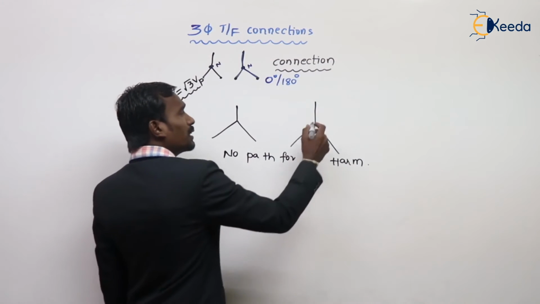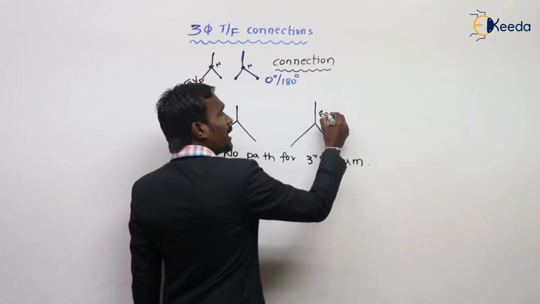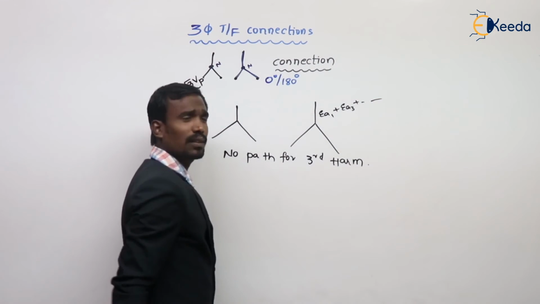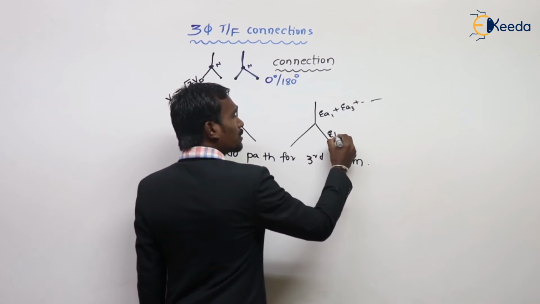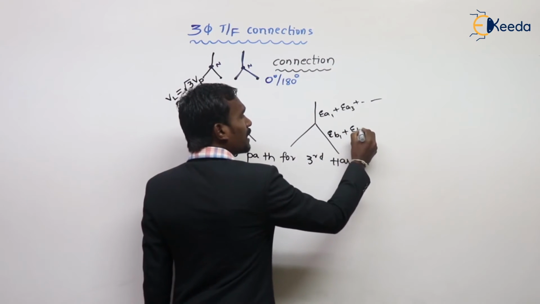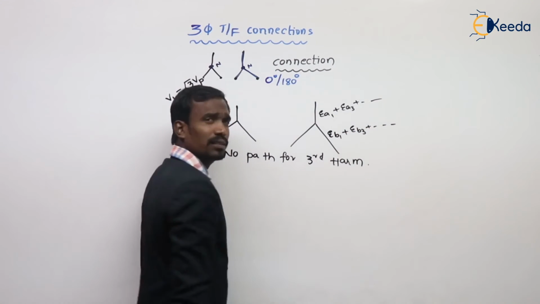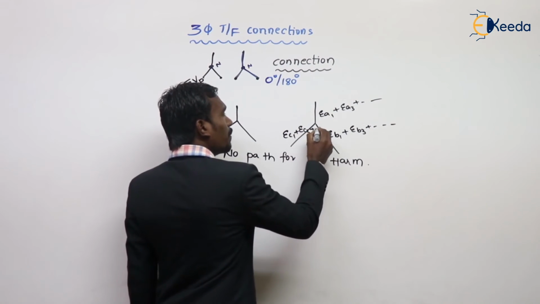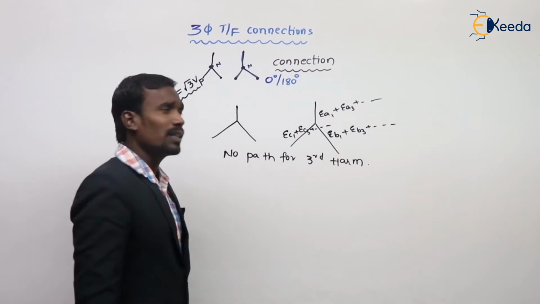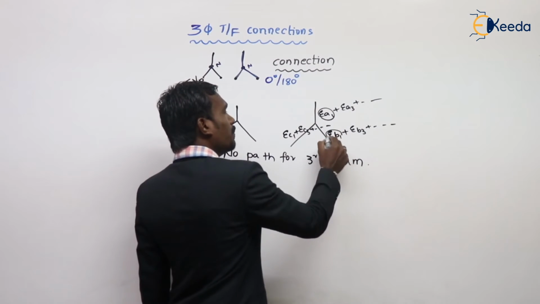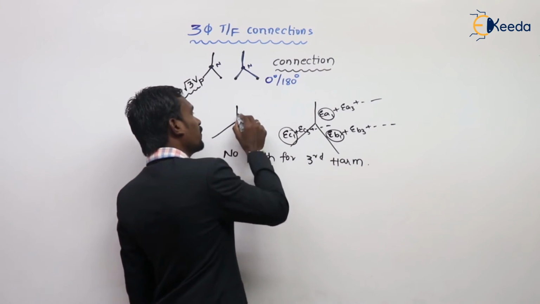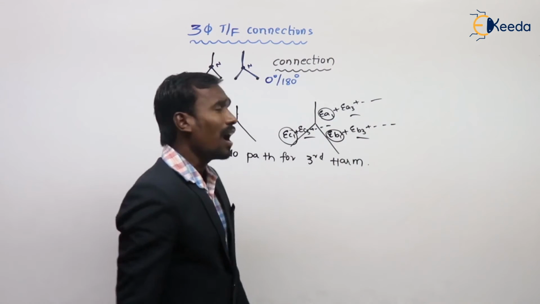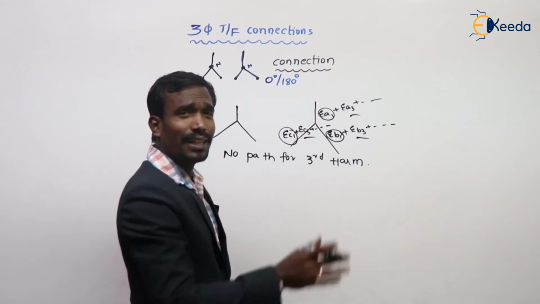Here it normally produces EA1 plus EA3 plus and so on, and here EB1 plus EB3 plus and so on, and here EC1 plus EC3 plus and so on. EA1, EB1, EC1 are nullified from the primary, but these third harmonic currents are not nullified, and there are no third harmonic currents here.